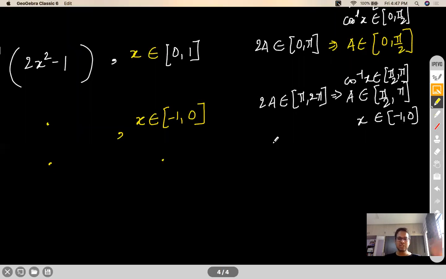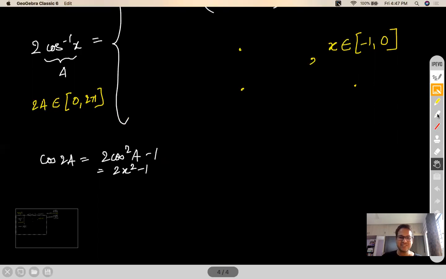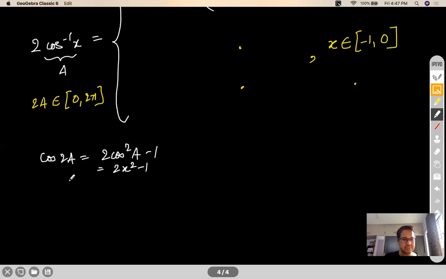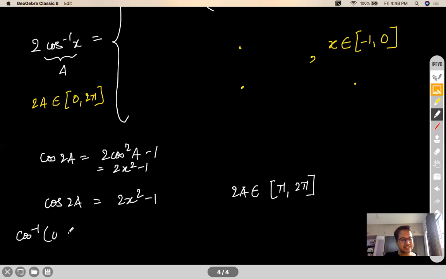Now what will be the outcome out of it? For that, you have to come back again to this step. Cos 2a is 2 cos square x minus 1, and you know your 2a will be between pi to 2 pi. Now you are taking cos inverse on both the sides. You tell me, when you take cos inverse of cos 2a, and you know 2a is between pi to 2 pi, what should be the answer that should come out from this operation?